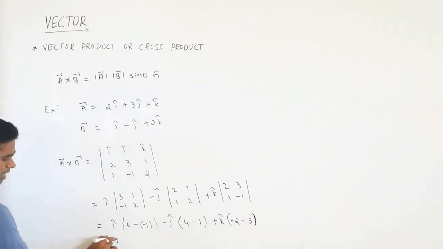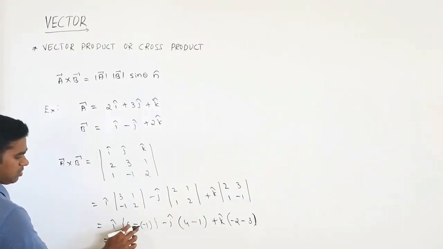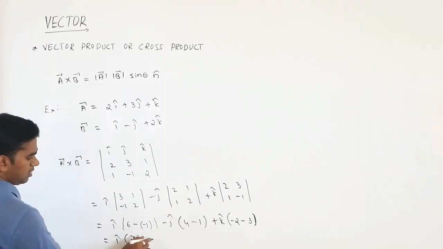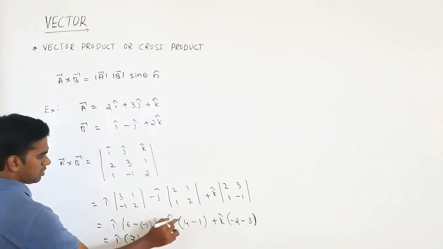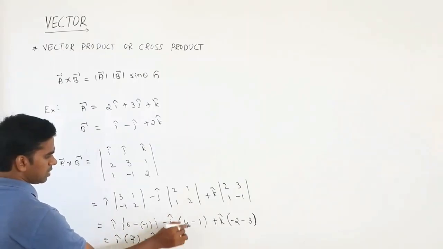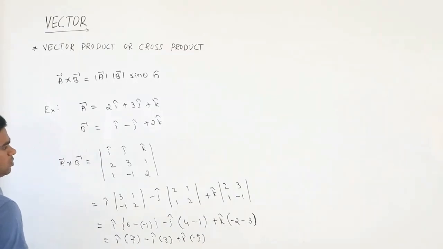Now I cap. So what you can write? 6, minus will become plus. So 6 plus 1 will become 7, minus j cap, 4 minus 1 is 3. So plus k cap, minus 2 minus 3 will become minus 5. Okay. So what you got?